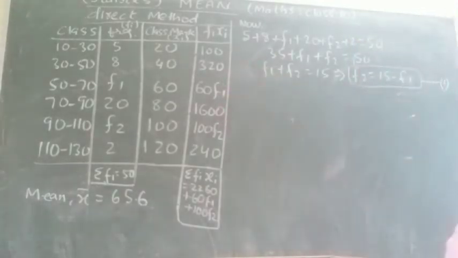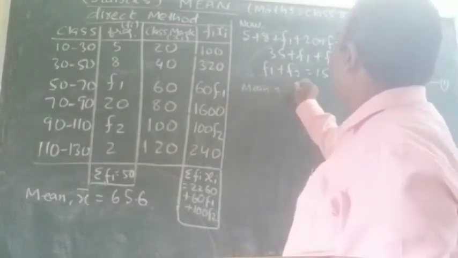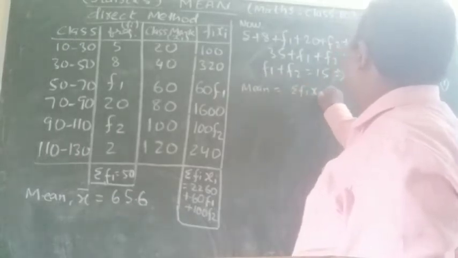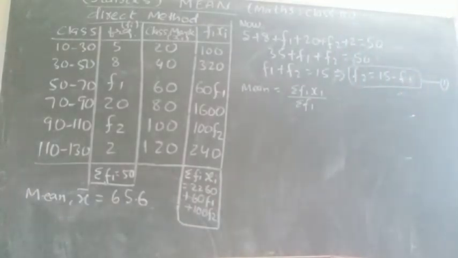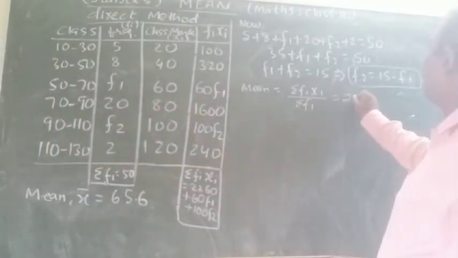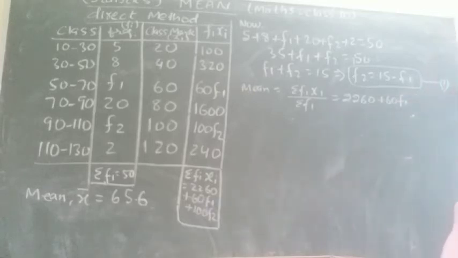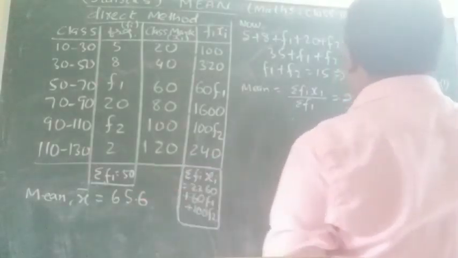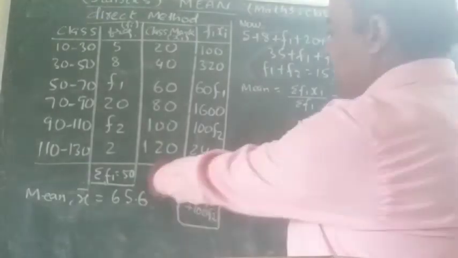Now just go with the formula. Mean equals total Fi Xi by total Fi. So here total Fi Xi is 2260 plus 60 F1 plus 100 F2, divided by the sum of all frequencies, 50, given. Now what is the mean given? 65.6.